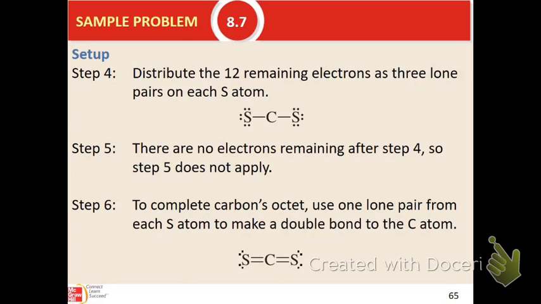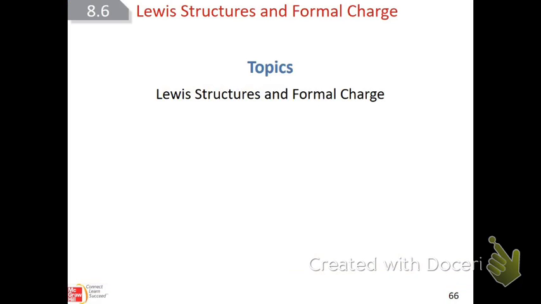But because of this double bond right here, because this has 2 double bonds in it, it cannot be bent. It must be linear. Those double bonds are very strong, and they won't allow this particular molecule to bend. So that has to be linear.